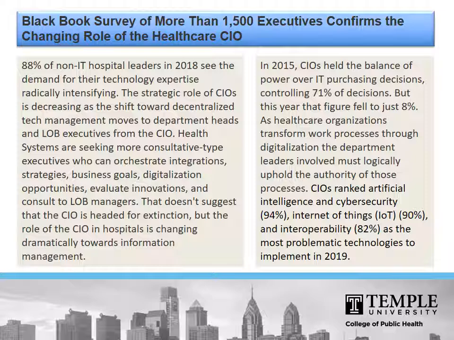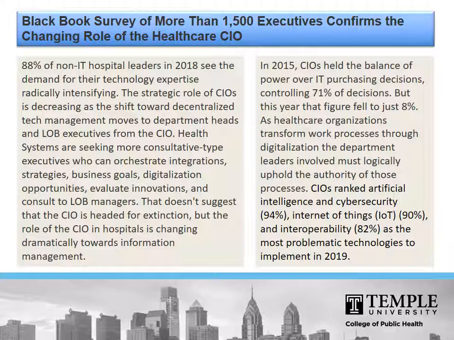So here's some information from the news in November of 2018. Black Book survey of more than 1,500 executives confirms the changing role of the healthcare CIO. 88% of non-IT hospital leaders in 2018 see the demand for their technology expertise radically intensifying.